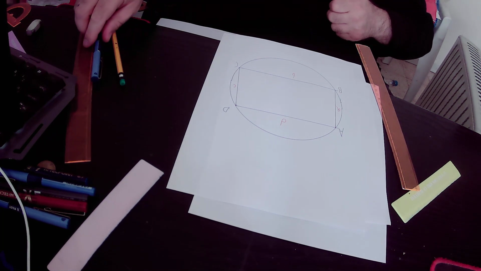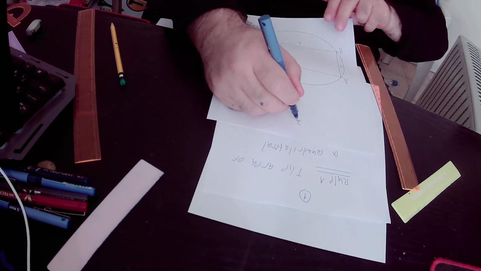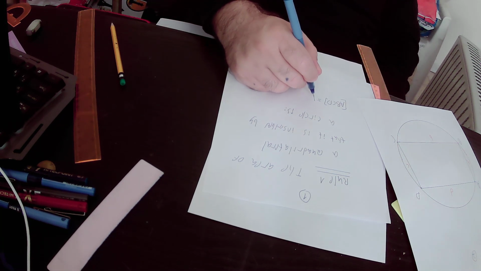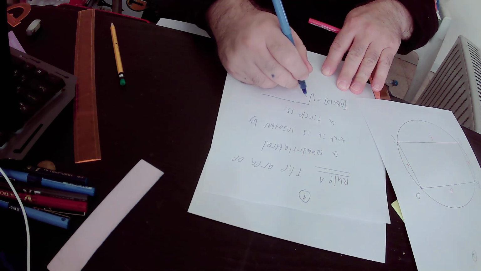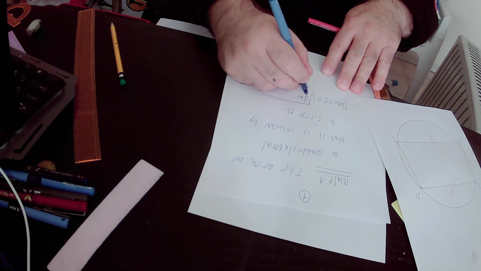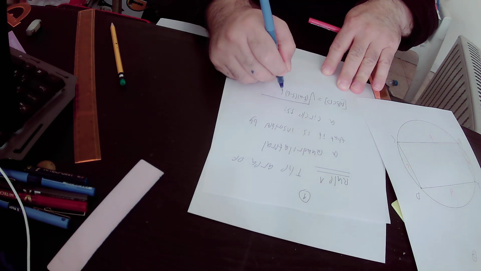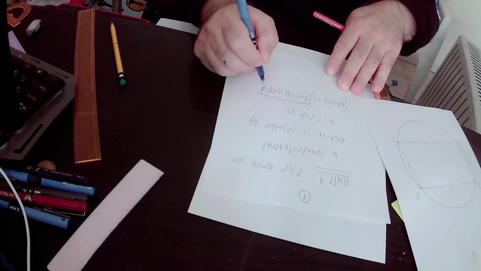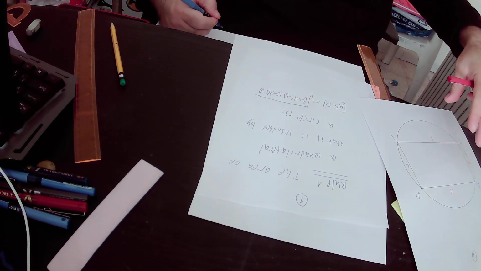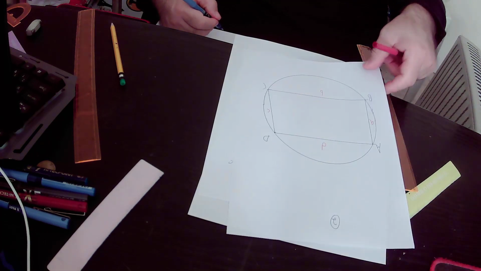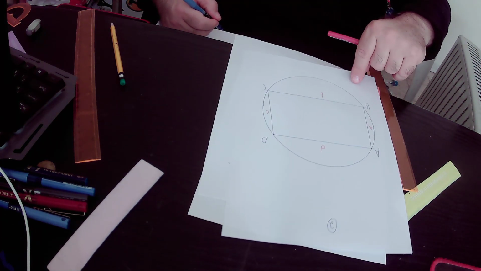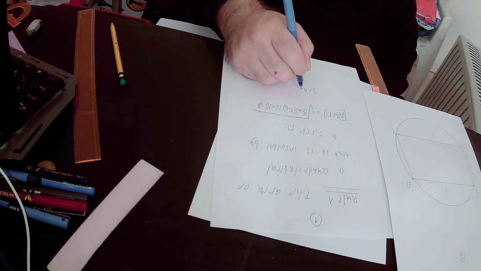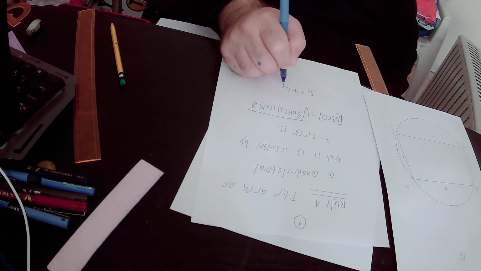Then the area of this quadrilateral will be equal to the root of S minus A times S minus B times S minus C times S minus D, when A, B, C and D are the lengths of the four sides of quadrilateral ABCD, like you see in this drawing, and S equals the sum of the four sides over 2.